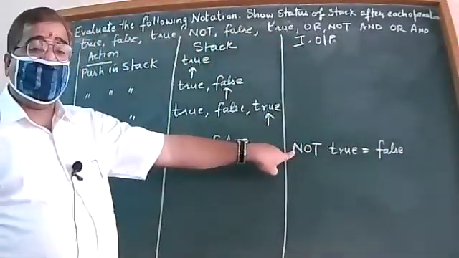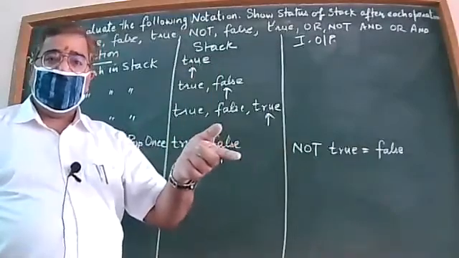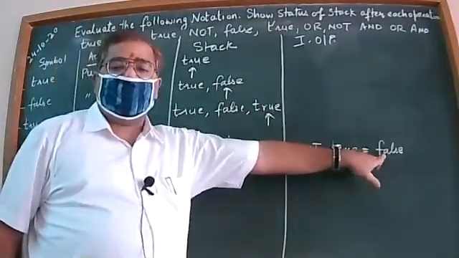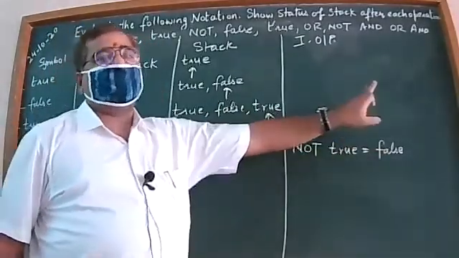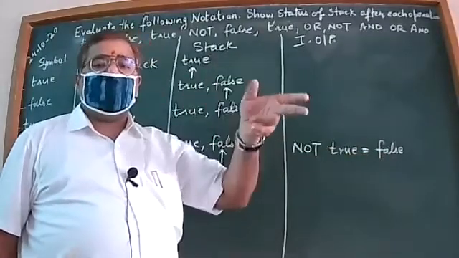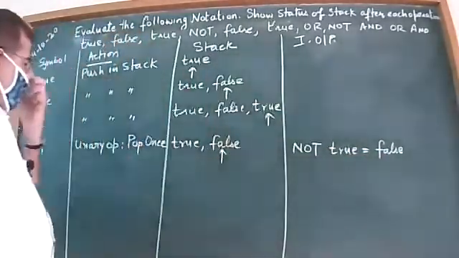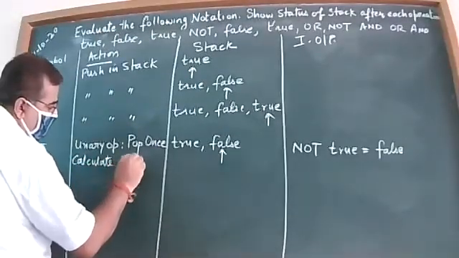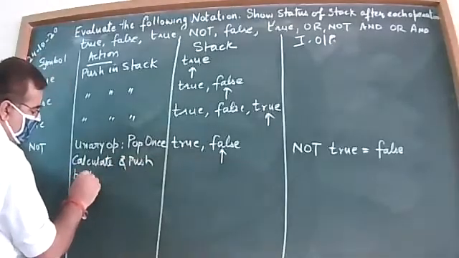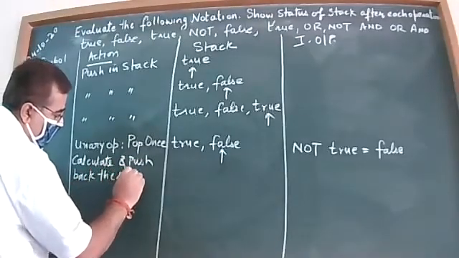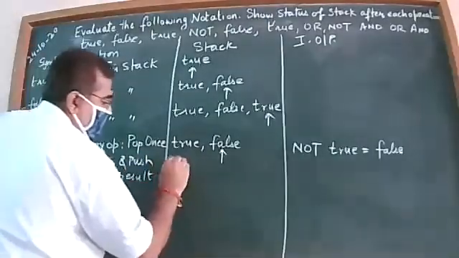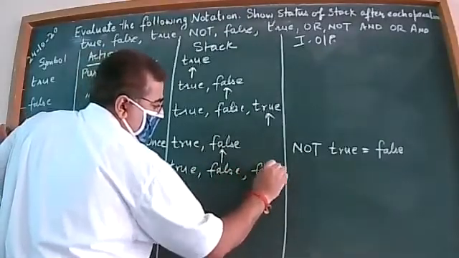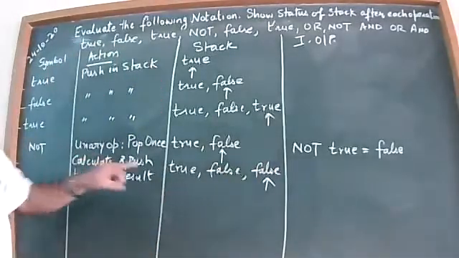Not operator performs the complement operation. If value is true, the result is false. If value is false, the result is true. It complements the value. Calculate and push back the result. So I push back false.